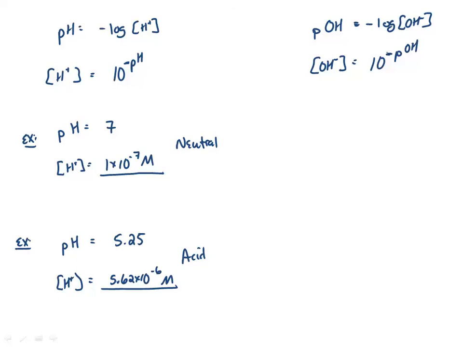Wait, why did we put negatives? How do you know? Negative what, when we typed it in our calculator? Because there's a negative in the formula. Because H plus is 10 to the minus pH. So see the negative sign right here?